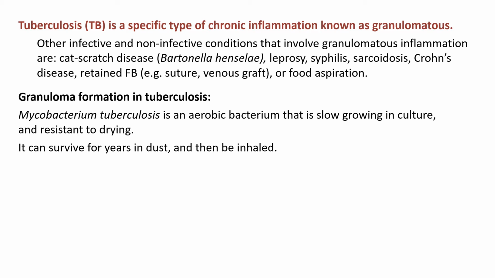So the problem is, if someone exhales it, spits it out, whatever, it gets into some dust, then it can sit there and survive for years. Then all of a sudden you get a bit of a breeze, blows the dust up, you inhale the dust, and there you go. It can then start to become more active.